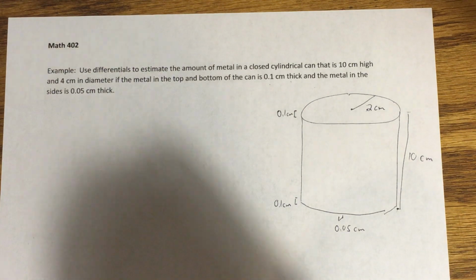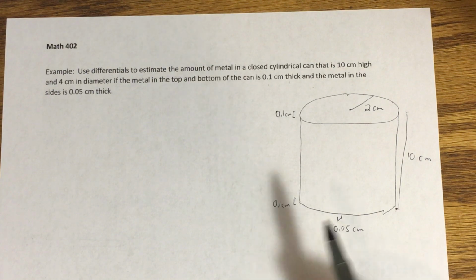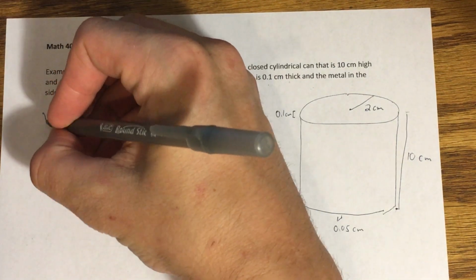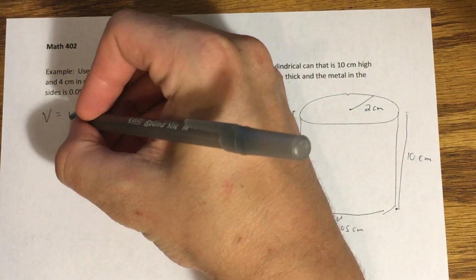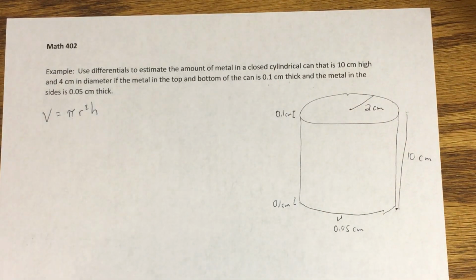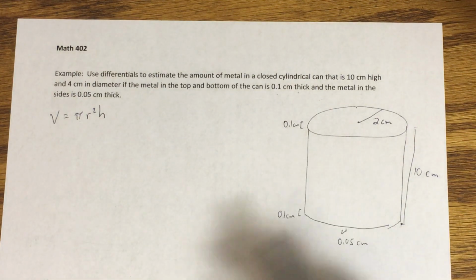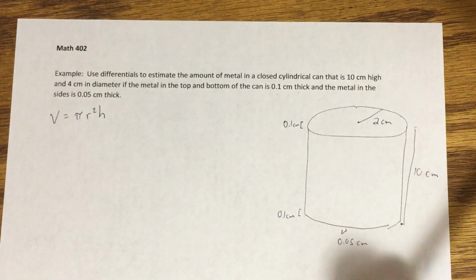So let's consider how you find the volume of a cylinder in the first place. What is the volume formula for a cylinder? It's pi r squared h, right? Now, if you think of it, there's the inner portion of the cylinder, the part that's empty, the part that you would pour something into.